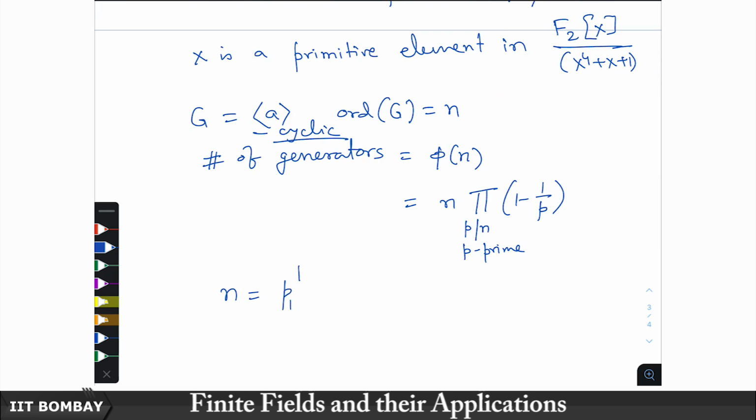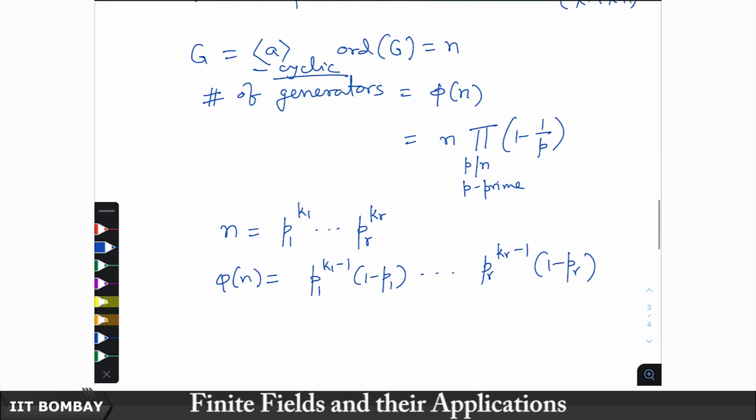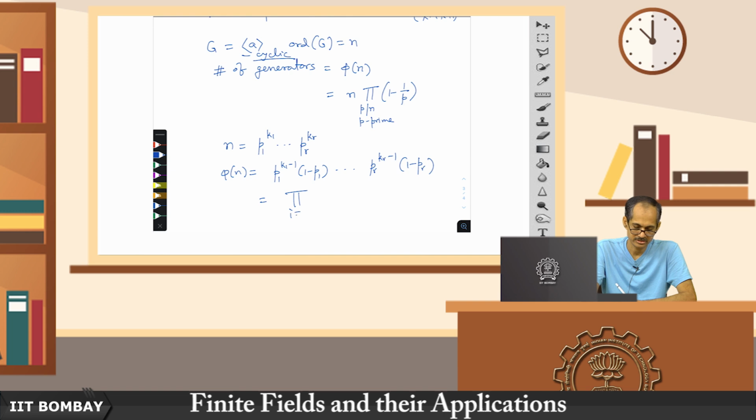If you write n equal to p1 power k1, p2 power k2, etc., up to pr power kr, then phi n, we have seen, is p1 power k1 minus 1 times 1 minus p1, like this. For every prime number you do this, and then pr power kr minus 1 times 1 minus pr, that is the product over i equal to 1 to r, pi power ki minus 1, 1 minus pi.